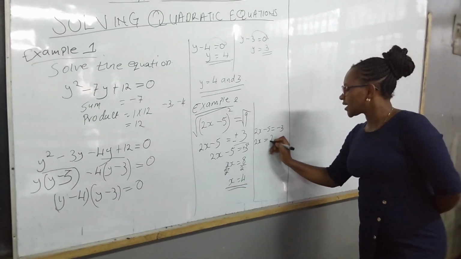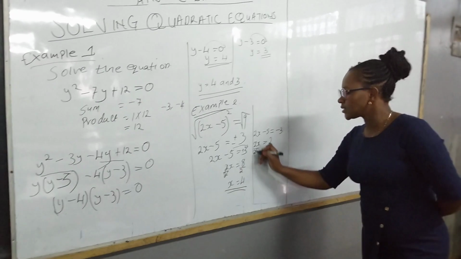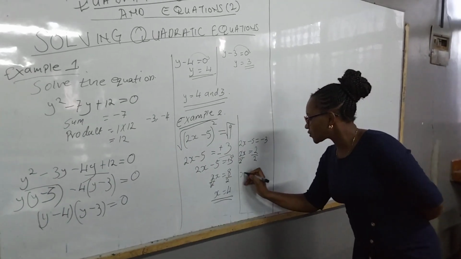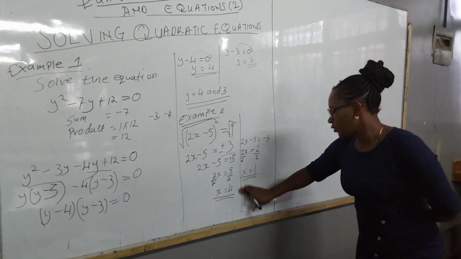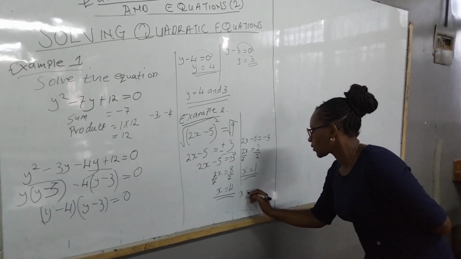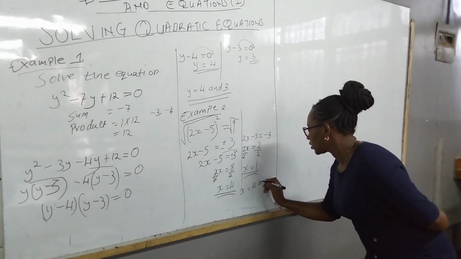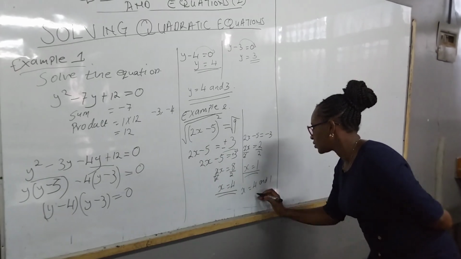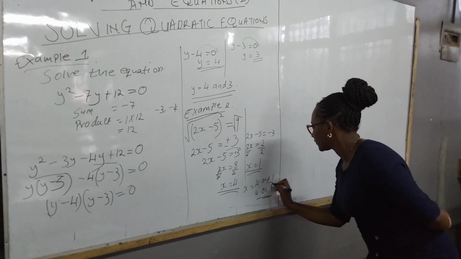We have our answer here as 2. We divide by 2 on both sides, simplify this, and we have x equal to 1. That means our value of x will be 4 or 1.